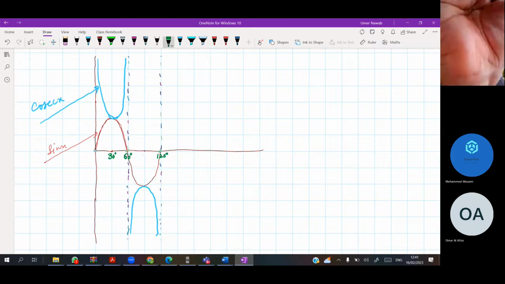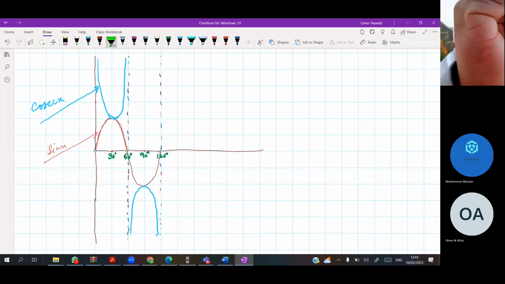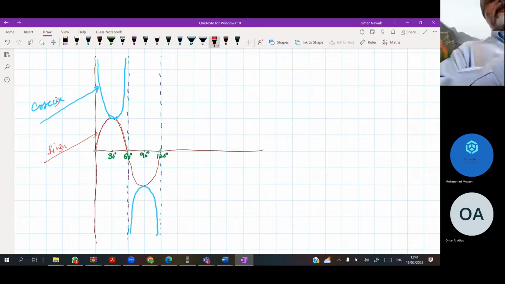Because the actual sine graph period is 360, but this is sine 3x, so divided by 3, a factor of 1/3. And will you continue like this till 360? Yes, why not?